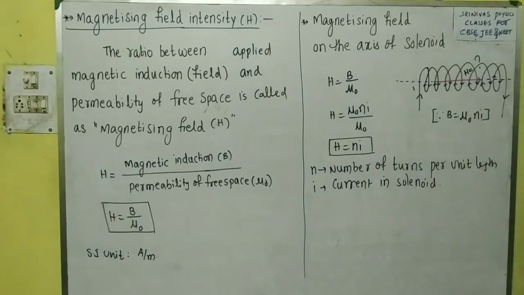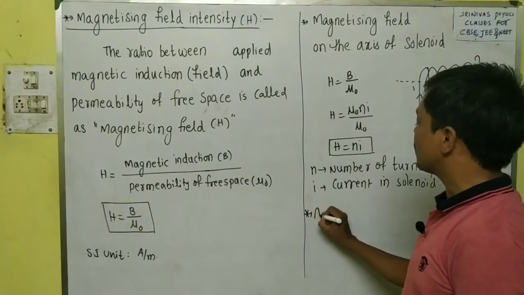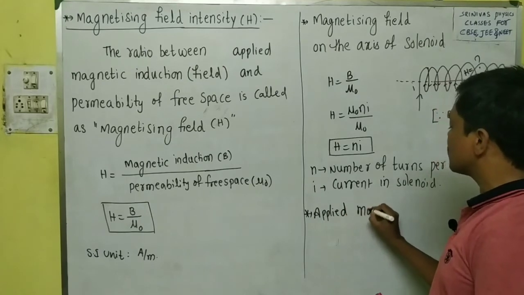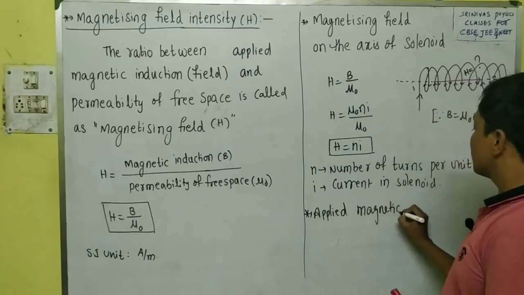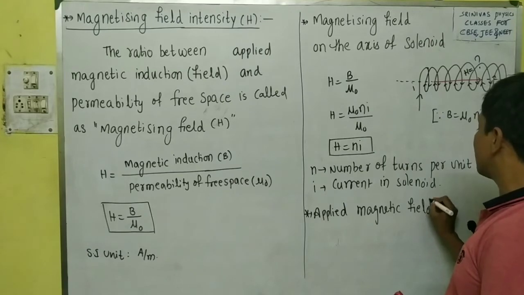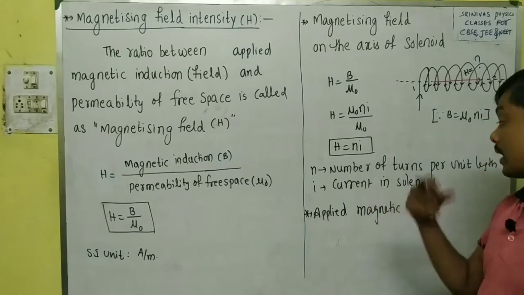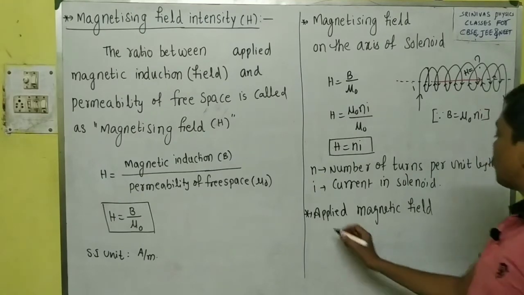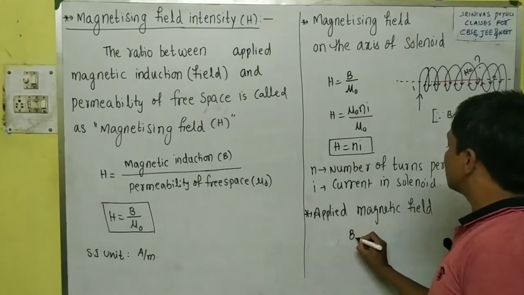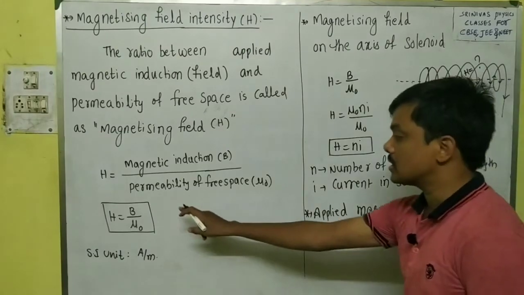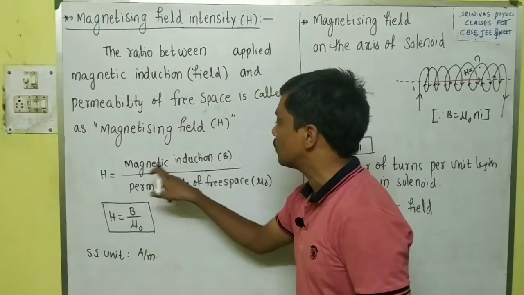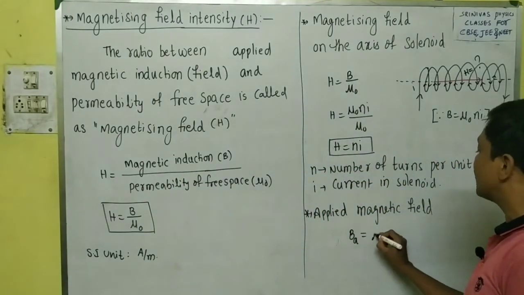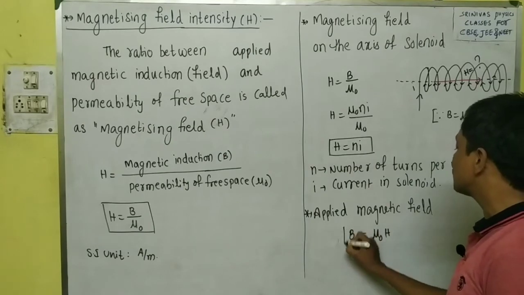Then, if you want to write the applied magnetic field formula: the induced magnetic field depends upon the intensity of magnetization. If magnetization is more, more field will be induced. But the applied magnetic field is simply mu naught H. Very simple.